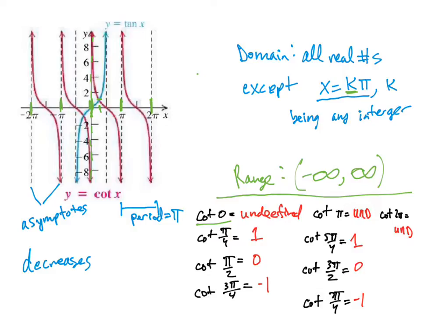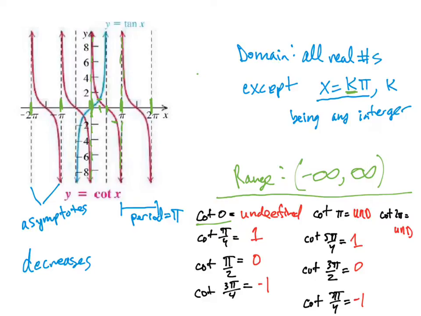Cotangent at pi over 2, well, pi over 2 is right here, right where we're crossing the x-axis. Cotangent at 3 pi over 4, we're going to be at negative 1, so right here, and then cotangent at pi, well, that's where this second asymptote is.